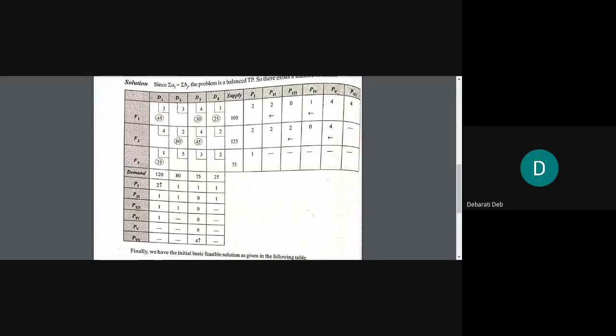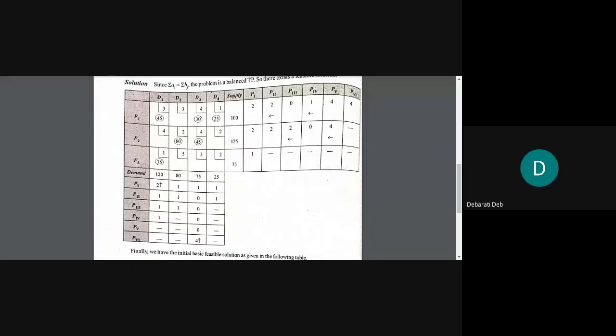So if we consider the first column, now what do we have to do? Who will tell me what our next step is after finding out the highest difference? We should compare the demand and supply. There is another step before that.